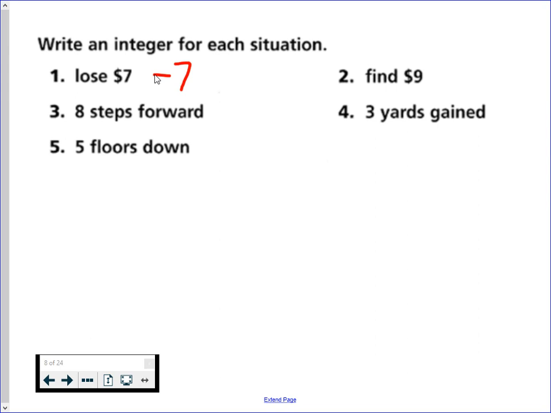Find 9. My lucky day, I found $9 in this sweatshirt I haven't worn for a while. That would be a +9. And now a lot of times positive numbers, you don't actually see the positive.